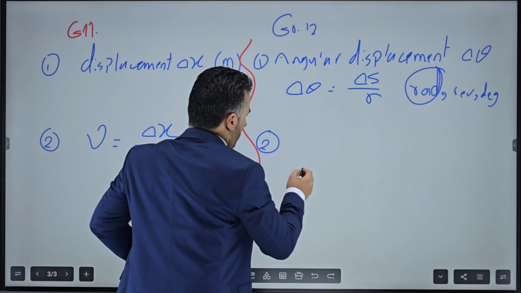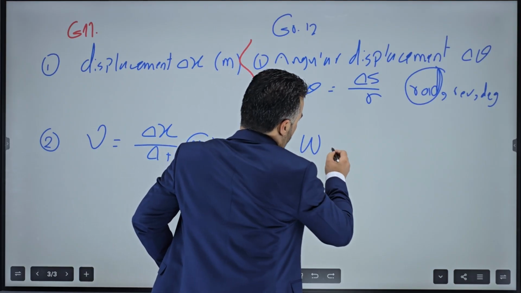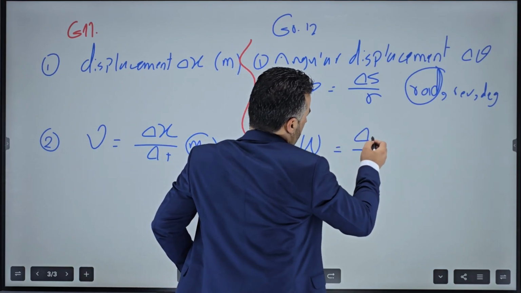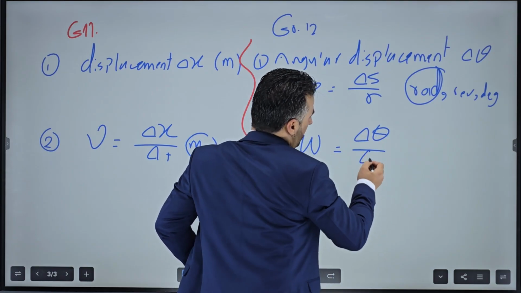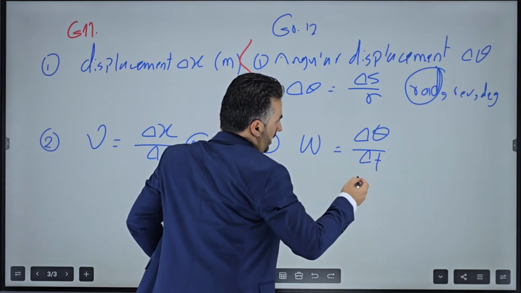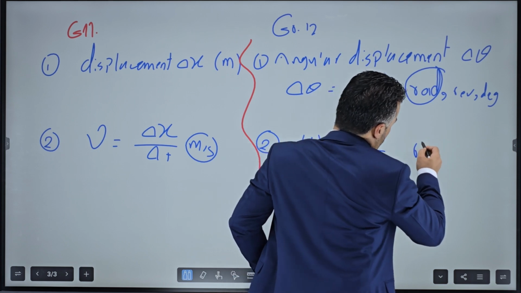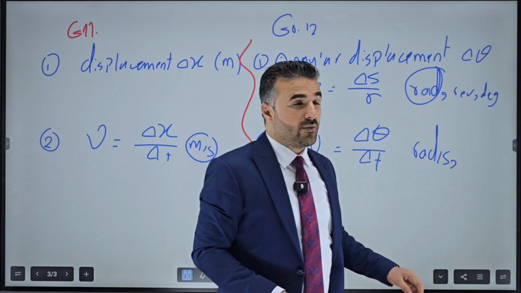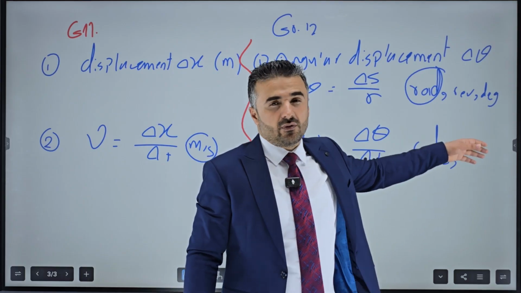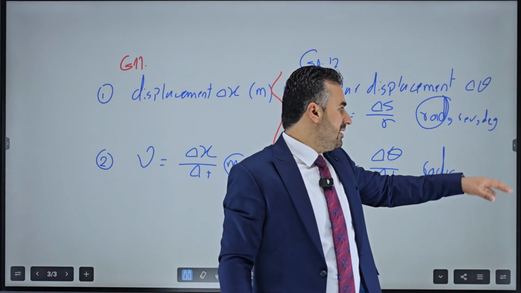Instead of velocity, we have angular speed, and it can be found by using angular displacement divided by the delta time. And angular speed is measured in radian per second. It can also be measured in other units as well, like revs per second, revs per minute, or even degrees per minute, doesn't matter.